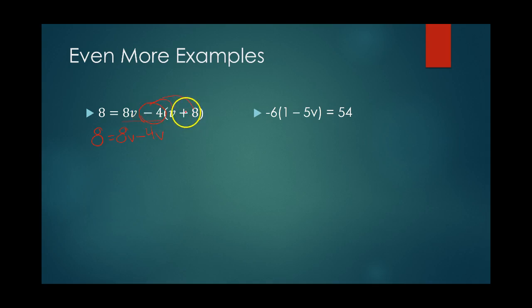Negative 4 times a positive 8 is negative 32. I can do one more step on this right-hand side by combining these like terms. 8v minus 4v is 4v. Now I'm looking at a two-step, so I can undo this subtraction and get 40, and then undo that coefficient by dividing by it and get 10.